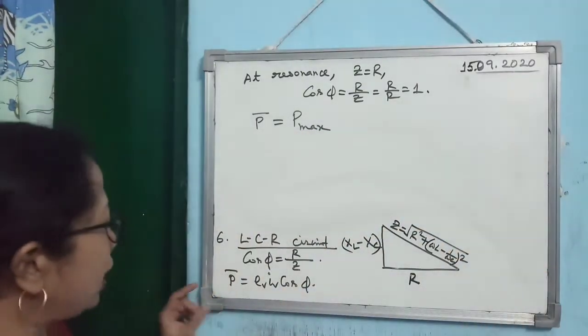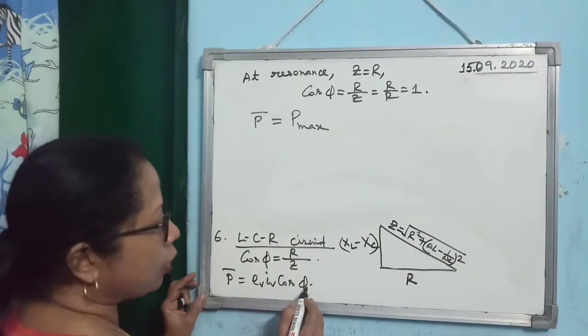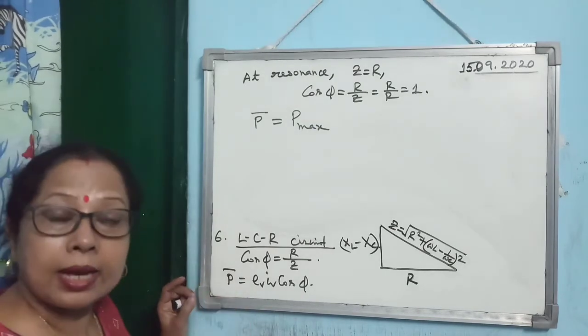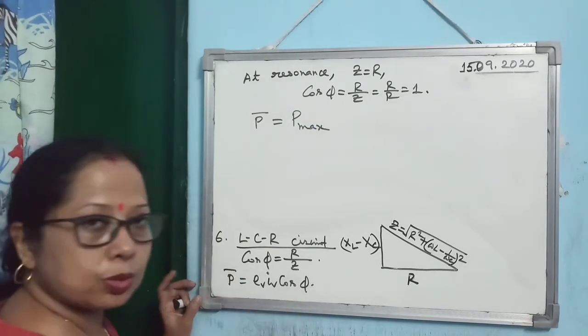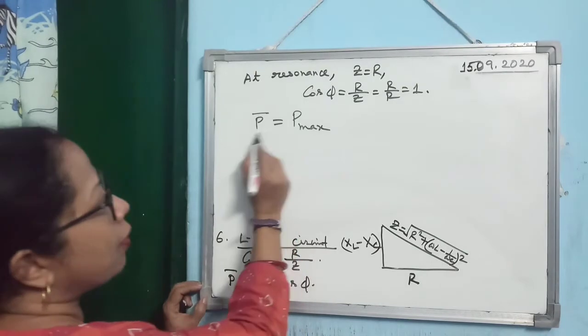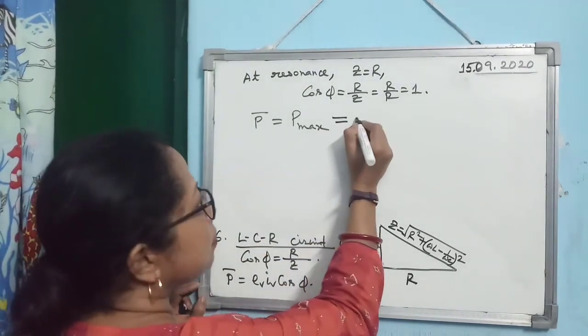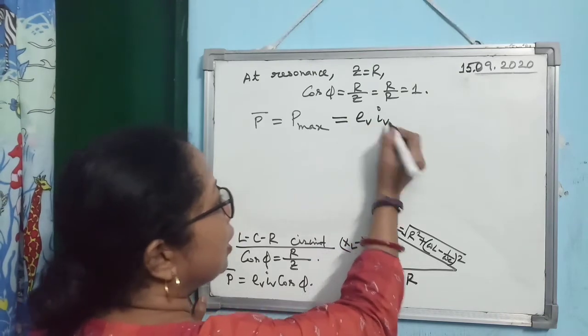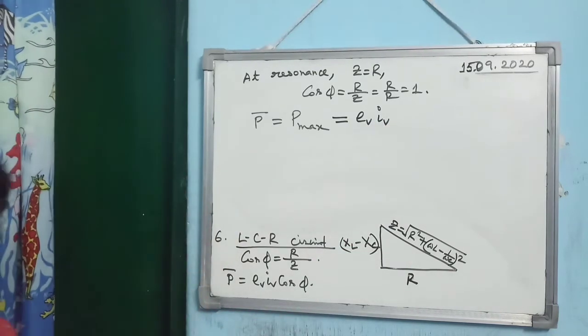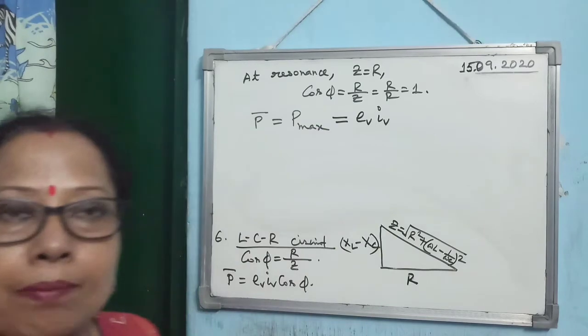So when you are considering the average power EV IV cos phi, it will be maximum when cos phi is 1. So the average power dissipated or power consumed by the circuit becomes maximum and it is equal to EV into IV. You must remember it.